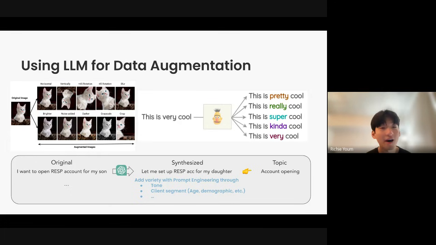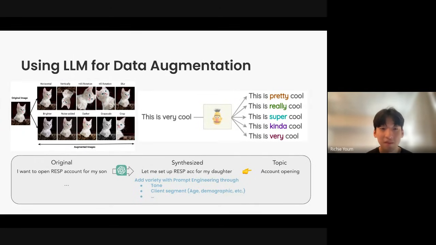For example, I am a 52-year-old dad with 2 sons who are 7 and 5 and interested in opening an account. So if you know the topic and the original sentence, you can synthesize using these different characters of the conversation to generate an example.